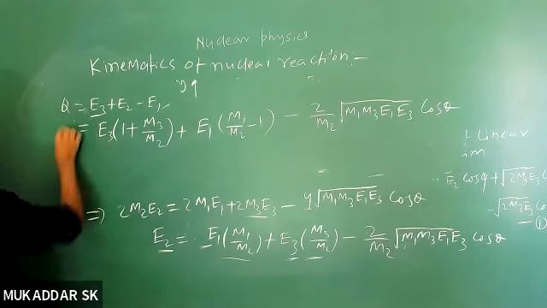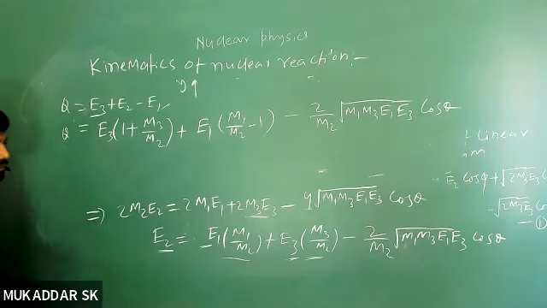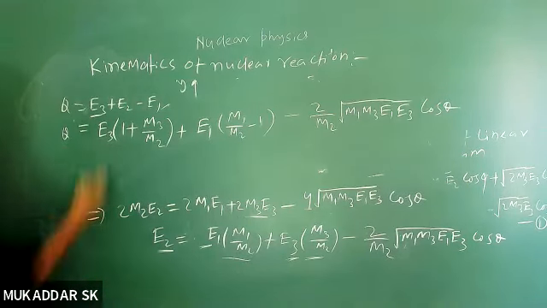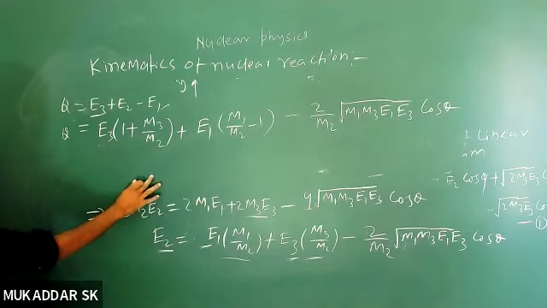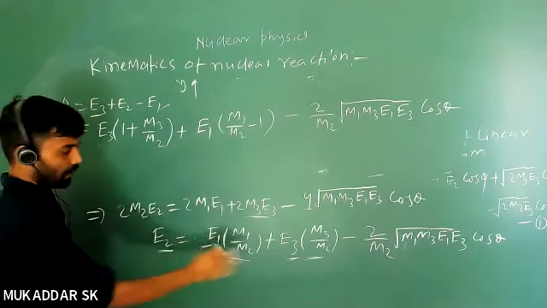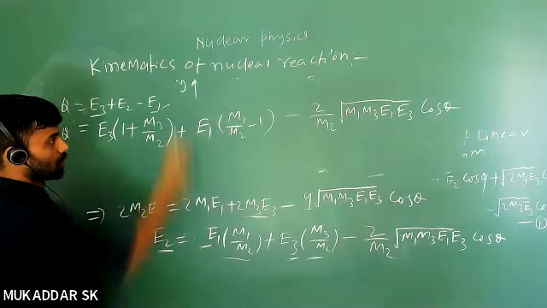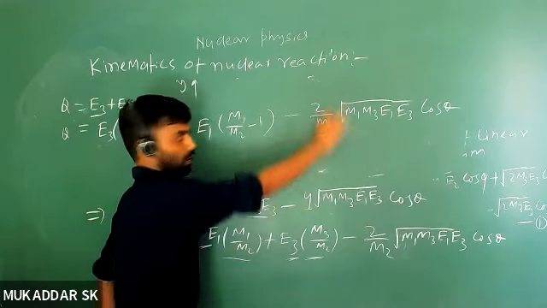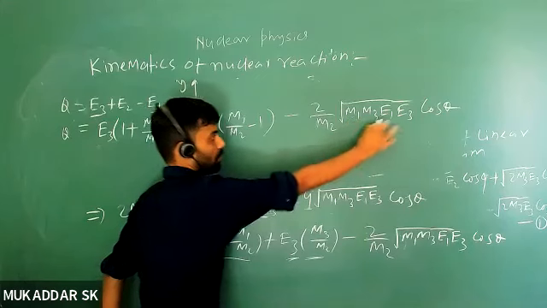So this is the expression for Q: E3 times 1 plus M3 by M2, plus E1 times M1 by M2 minus 1, minus twice M2 root over M1 M3 E1 E3 cos theta.